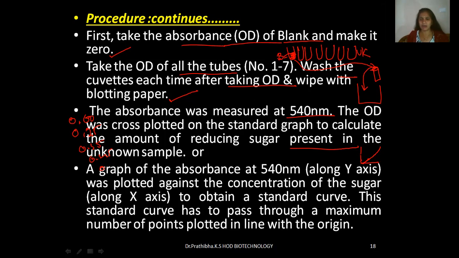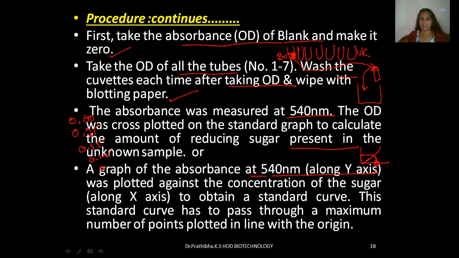Whatever unknown OD you got, you check here how much you got, and wherever this unknown OD touches the standard graph, you put a downward arrow mark. Wherever this line touches is the concentration of the unknown present in that particular sample.